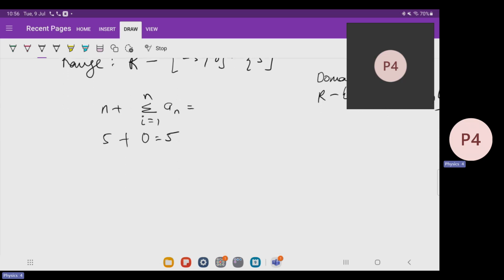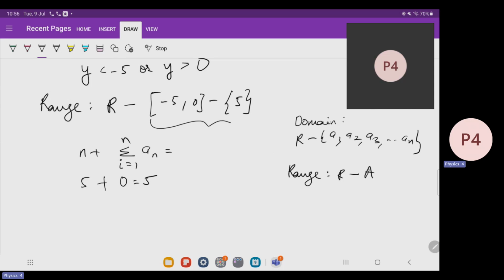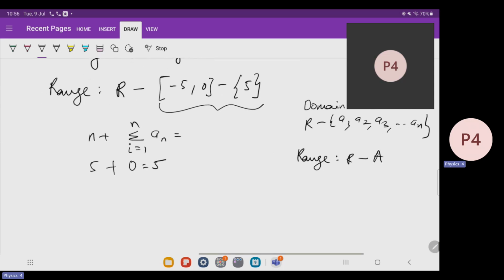The number of integers in set A. What is A? The range they are specifying as R minus A. So this is A. Now what is the number of integers here? You have minus 5, minus 4, minus 3, minus 2, minus 1, 0 and another integer 5.